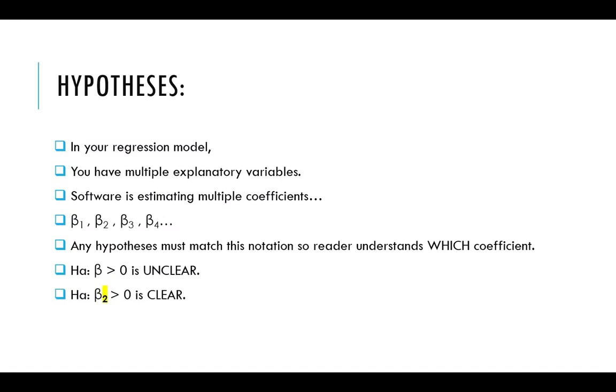What does make sense is having an alternate hypothesis, beta 2 is greater than 0, because beta 2 is tied to whatever variable is next to it in the model. That makes it much more precise. So this is important to do. If you're crafting any hypothesis, please make sure if you're also giving an equation that they match.